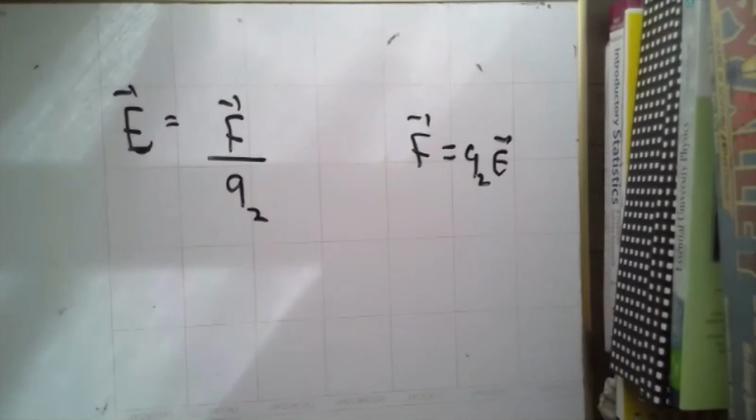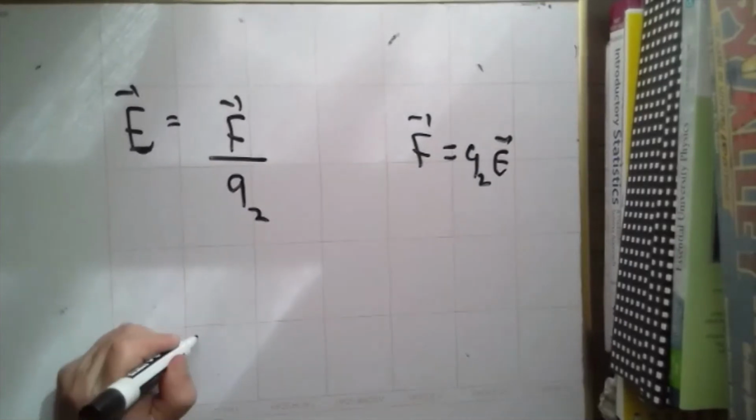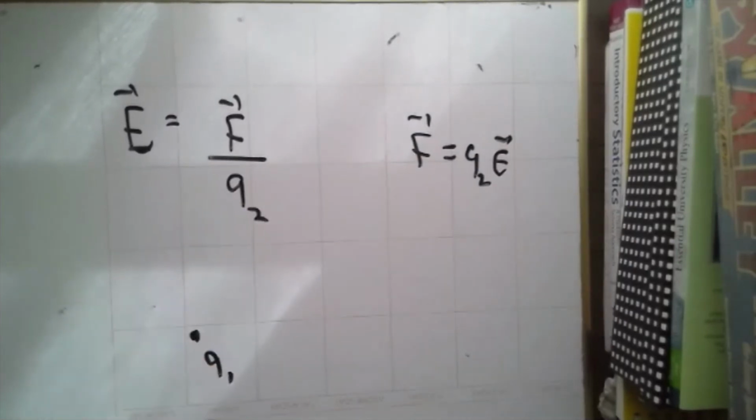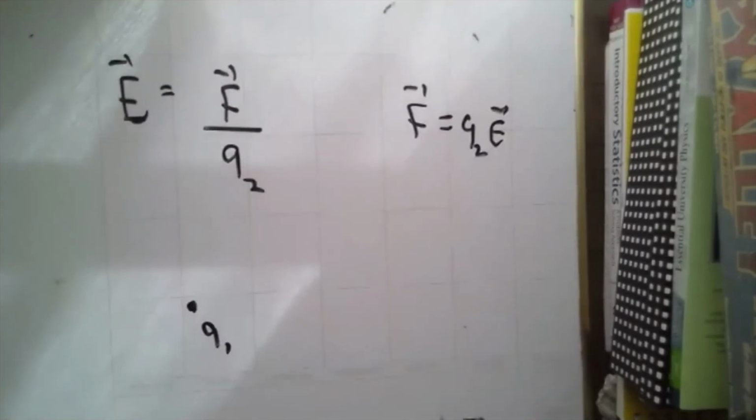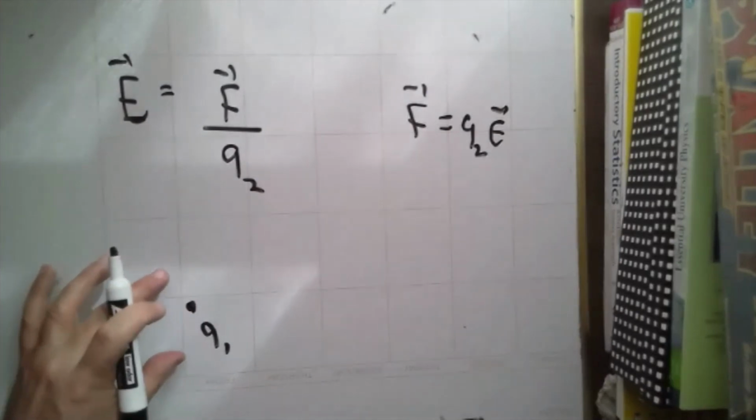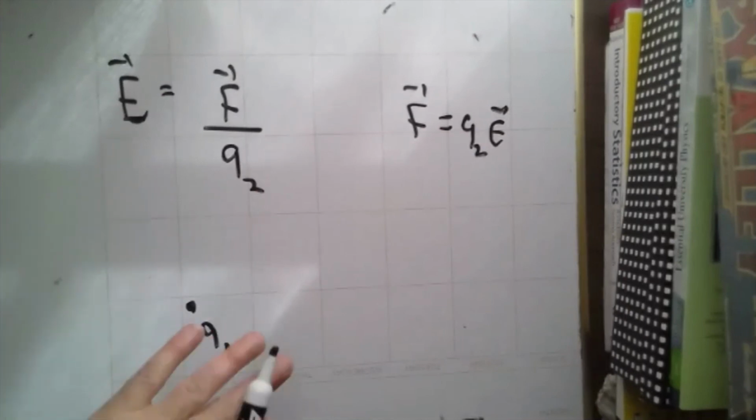This is the relationship between E and F. So I have some charge Q1. It creates an electric field everywhere in space. It permeates all of space. It moves at the speed of light. If I were to wiggle this guy around, I would create wiggles in space, which we call light. That's what light is. Charge is moving around and that wiggles space.